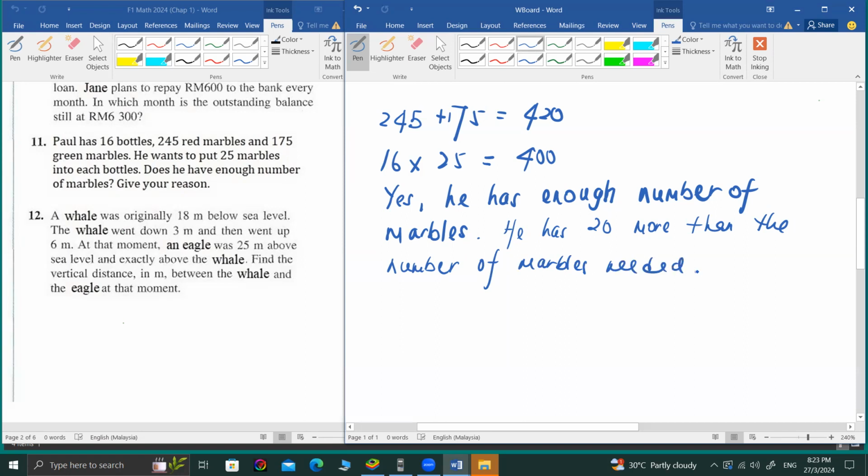Okay, yes, he has enough number of marbles. He has 20 more than the number of marbles needed. Got it? You just explain extra 20 already. Understand, all of you? So just like I said, extra of 16 is wrong. Extra of 8 is wrong. So it's extra of 20. Got it, all of you?